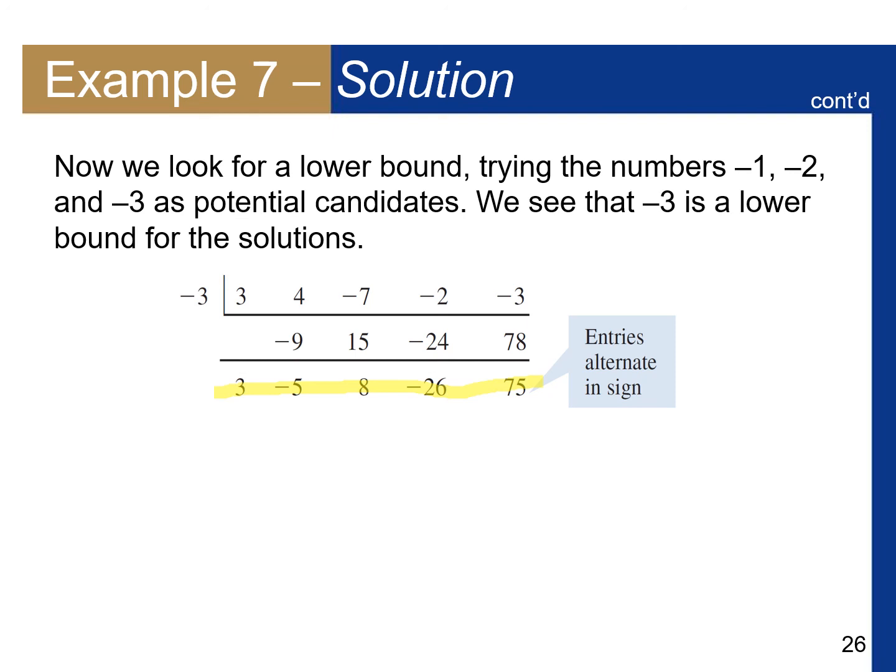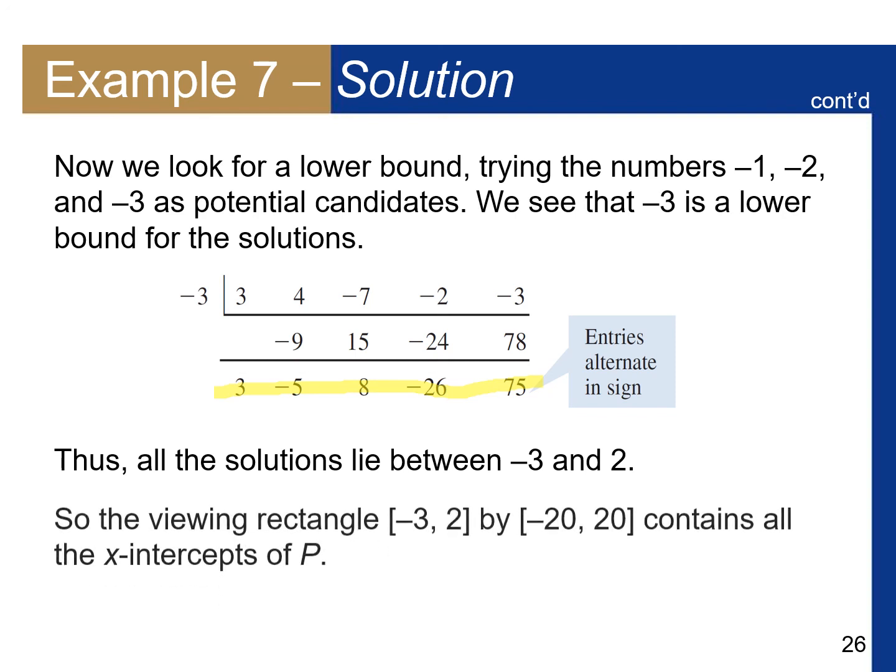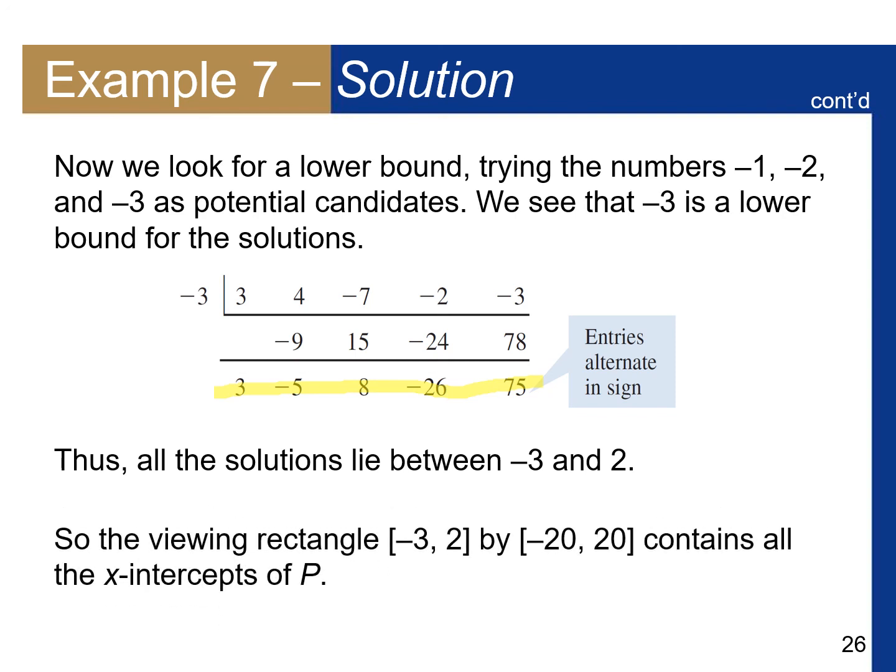That will tell us that all of our answers have to be in between -3 and 2. So if I use a viewing rectangle of -3 and 2, that'll help me to take a close look at my polynomial.